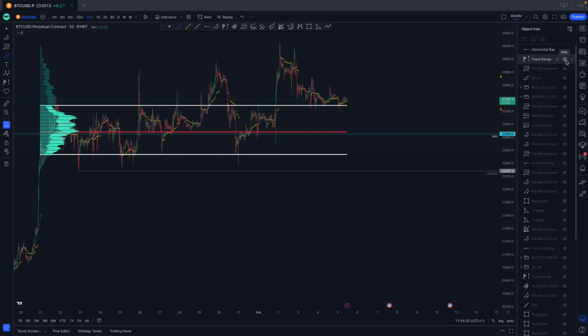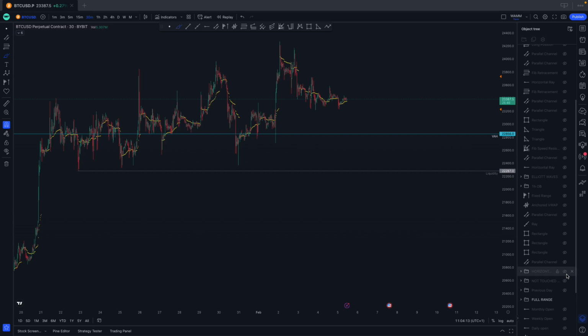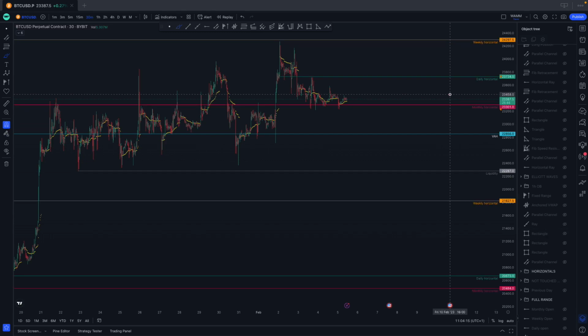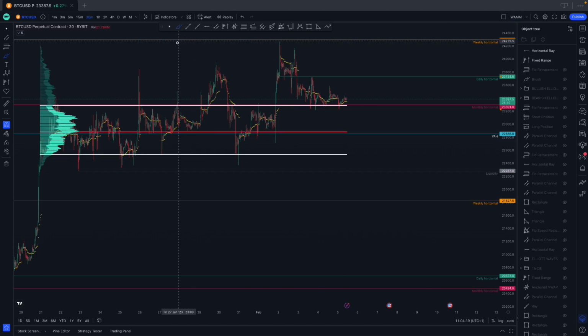That would be it, guys. Keep in mind, we can also look at the horizontals if we have some there, but that's why I told you that you don't really need anything else than the fixed range. We have the monthly horizontal currently acting as support, but it's in confluence with the value area high.